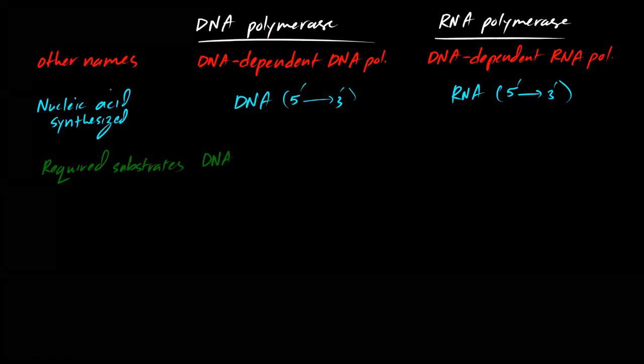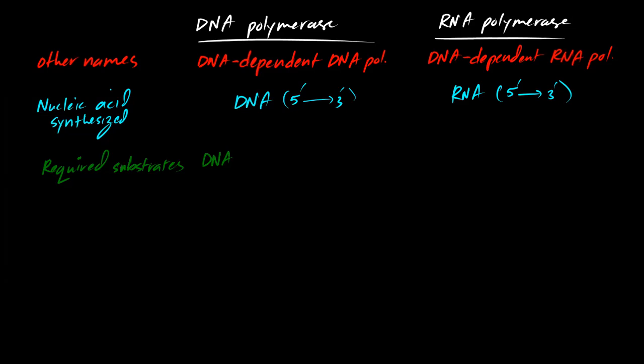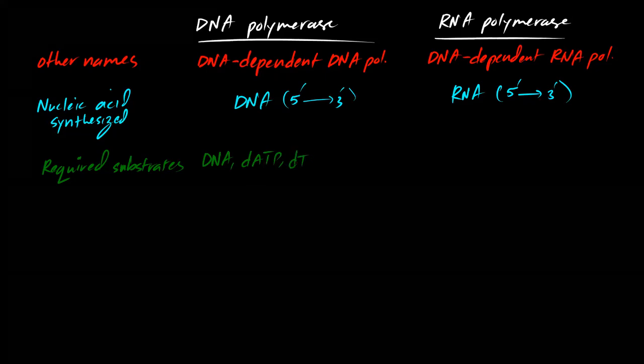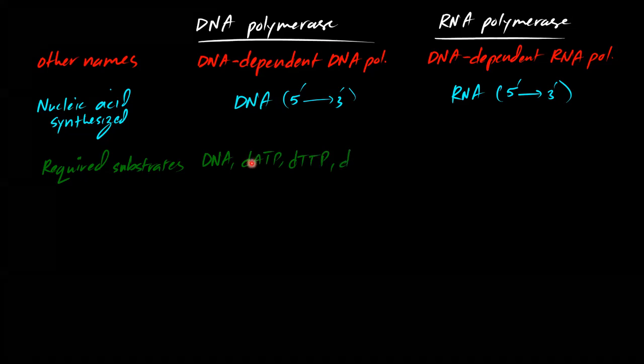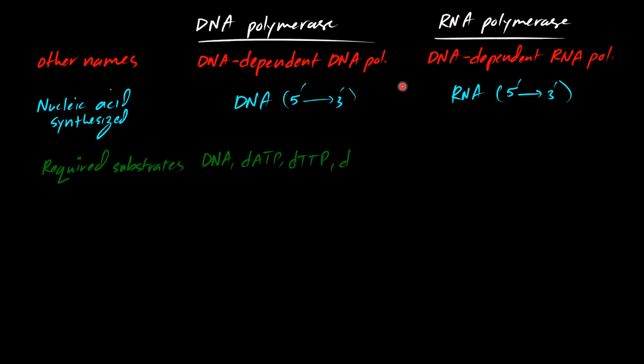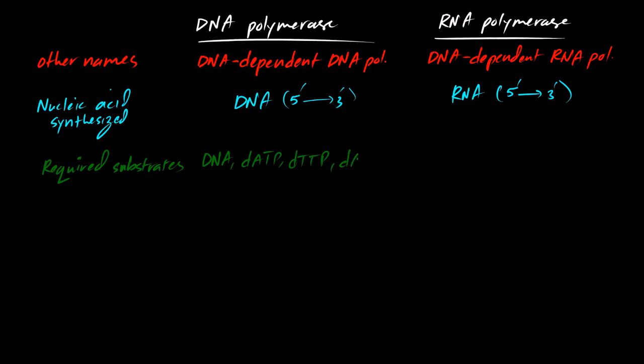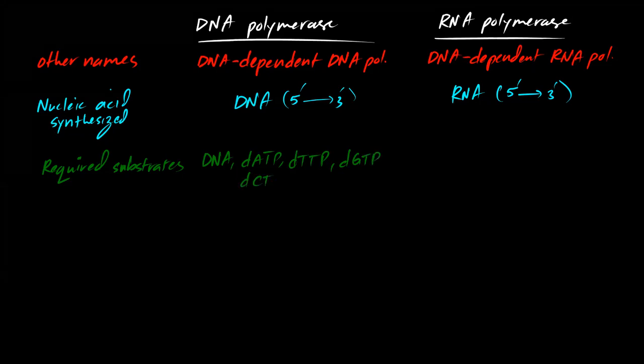So each enzyme requires a substrate, مواد المتفاعلة: deoxy ATP, adenosine triphosphate, deoxy TTP, thymidine triphosphate, deoxy because these are DNA nucleotides. So D stands for deoxyribonucleic acid. RNA, ribonucleic acid. Deoxy GTP and deoxy CTP. So you've learned about this in Biology 101 course.